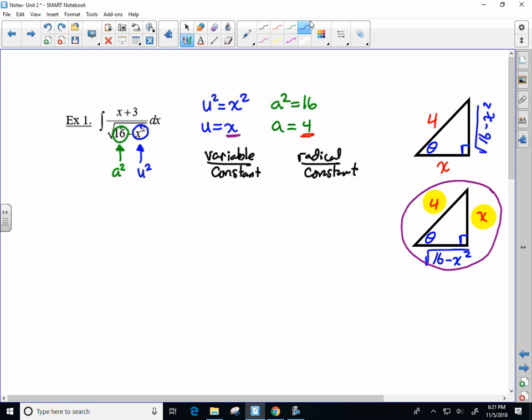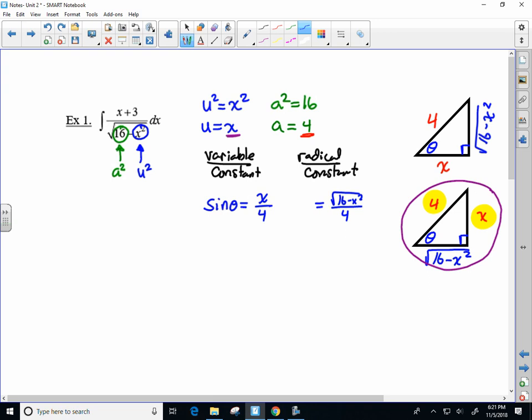All right, the variable to the constant would be x over 4. Because the variable is the opposite and the constant is the hypotenuse, opposite over hypotenuse would be the sine ratio. All right. Now the radical is the square root of 16 minus x squared over the constant.